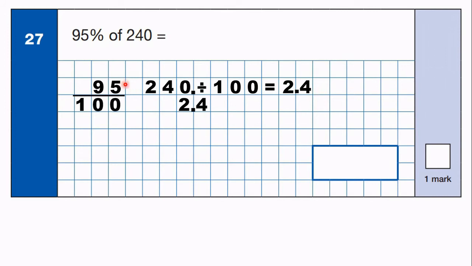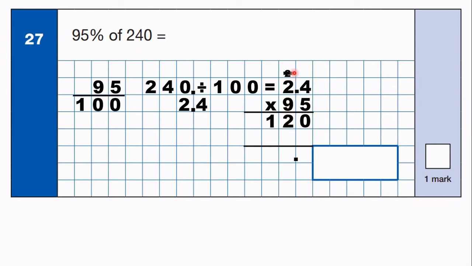Now we need to multiply by the numerator, so times by 95. There is 1 decimal place in the question, so to make sure we don't forget, we can write the decimal point in our answer straight away. Now 4 times 5 is 20, so 20. 2 times 5 is 10, plus 2 is 12.